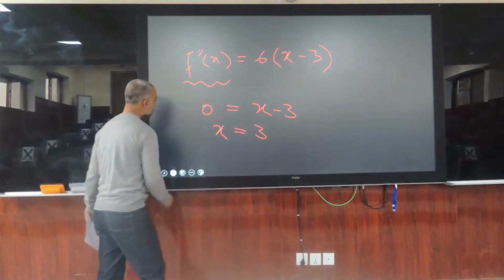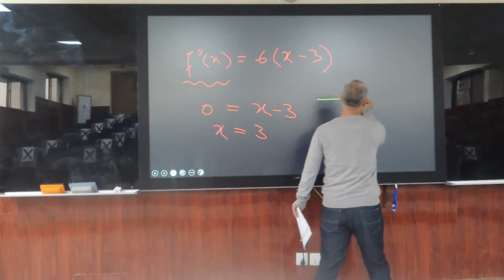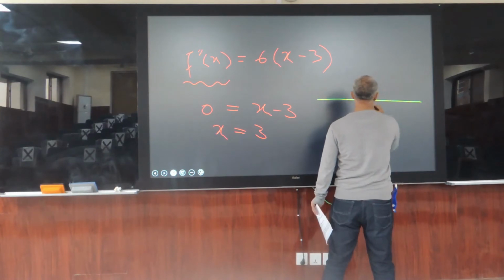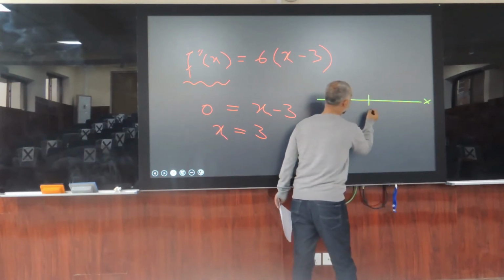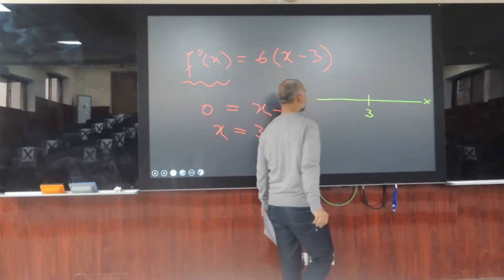Now the situation is very interesting. Consider a real line, the x-axis, and on the x-axis this is the point 3.